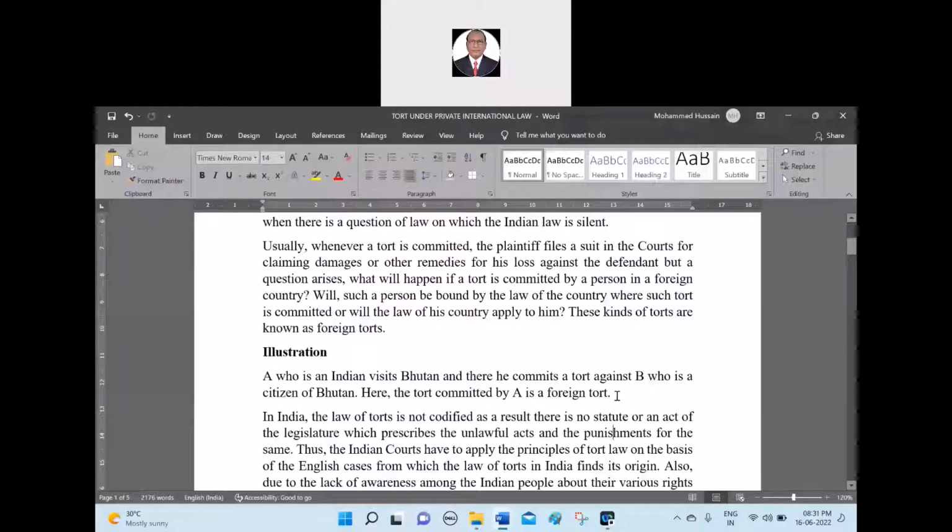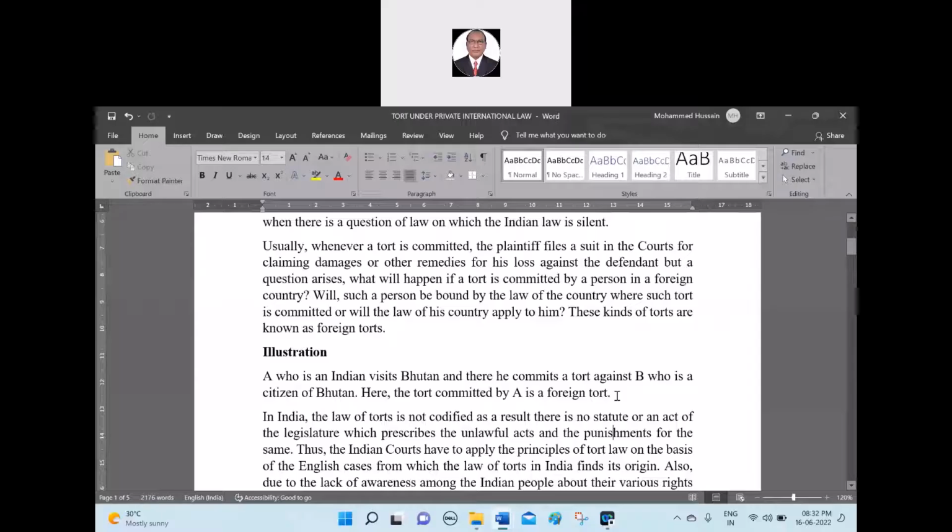If an Indian visiting Bhutan made such a mistake, naturally Bhutan should give the judgment, and that will be respected by India, because the Indian did the thing. The judgment will be recognized and enforced in India.